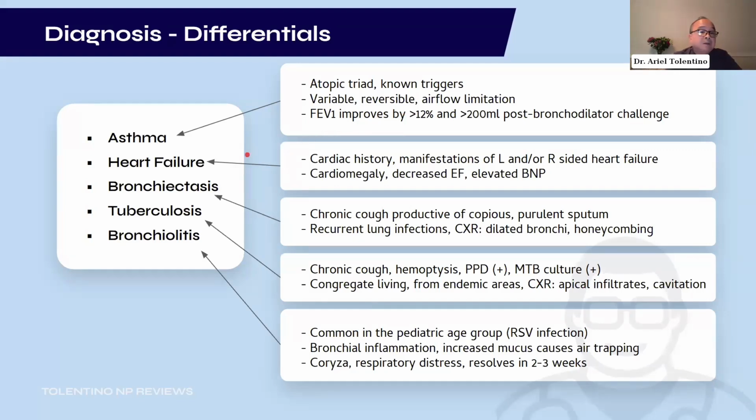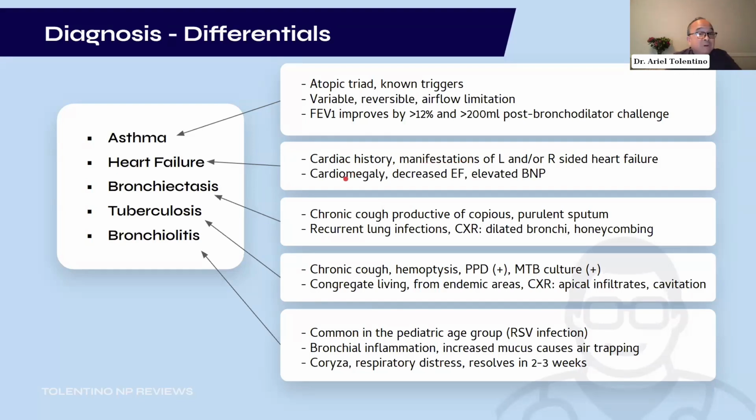Okay, for heart failure, we would always find a significant cardiac history, probably the history of an MI or cardiomyopathy leading to heart failure. Of course, on physical exam, you would find manifestations of either left or right-sided heart failure, or both.